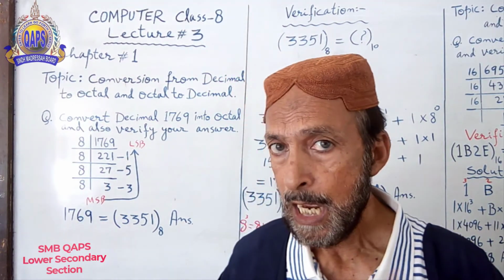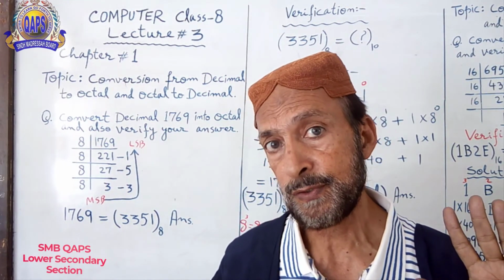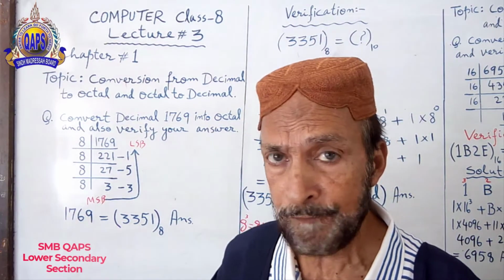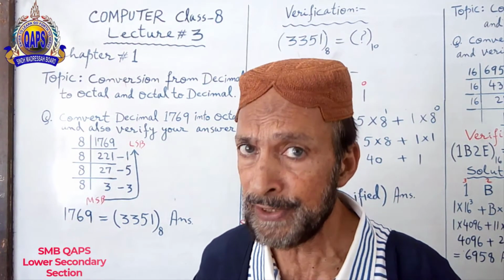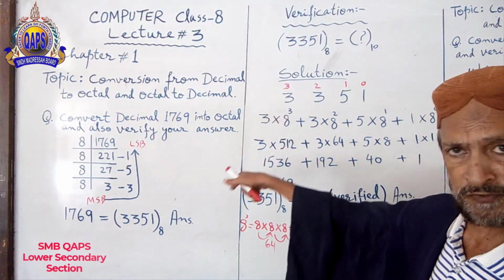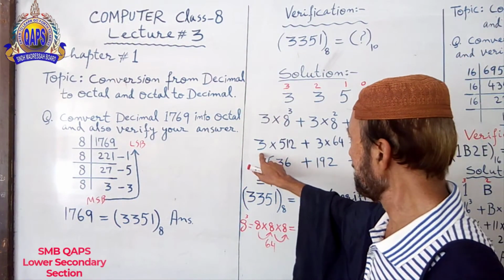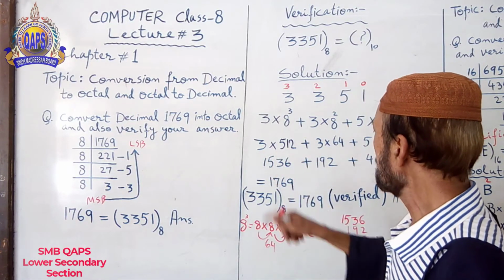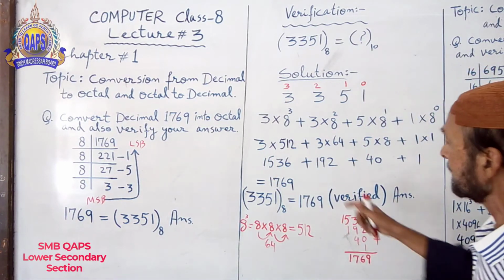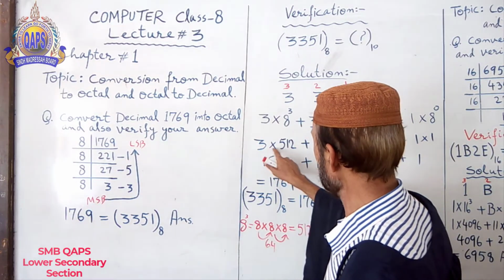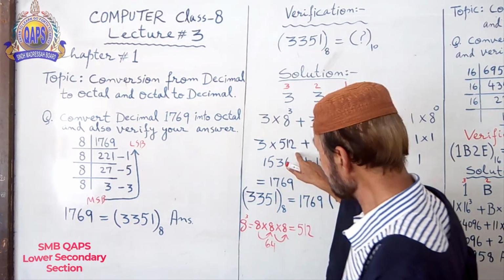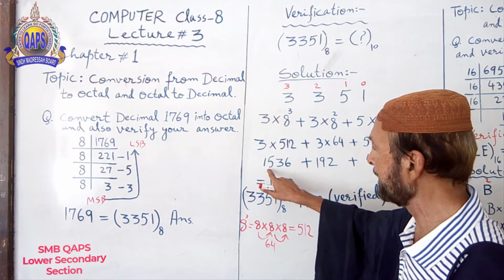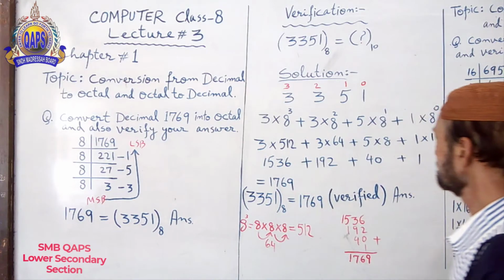Understand? I am not running very fast. I am very slow. So take care of it and try to understand it. Next step. 3 multiplied by 512. When you will multiply 3 multiplied by 512, the answer will be 1536.